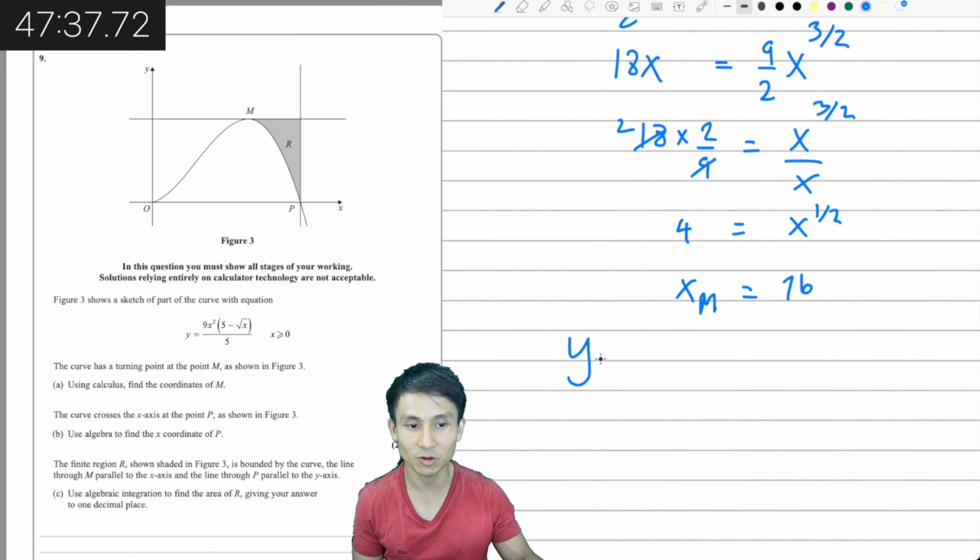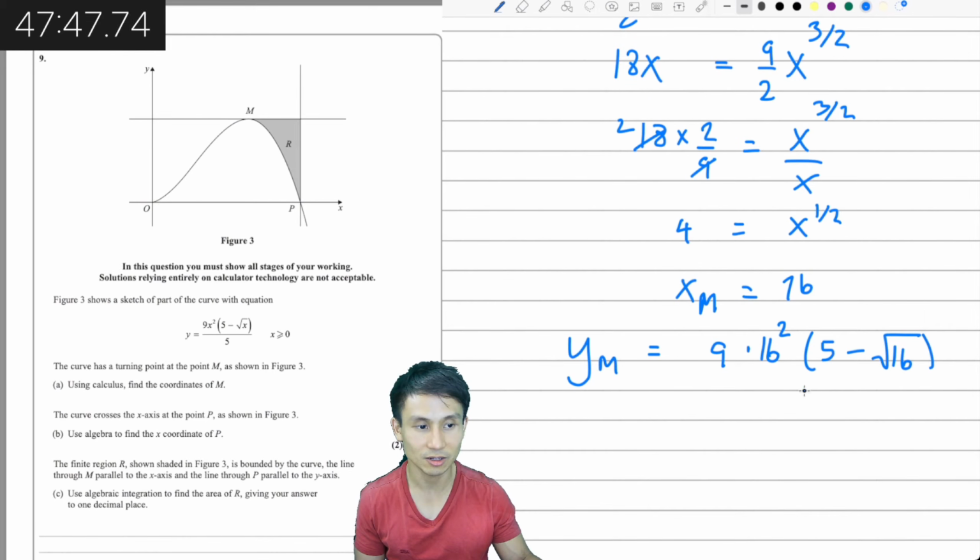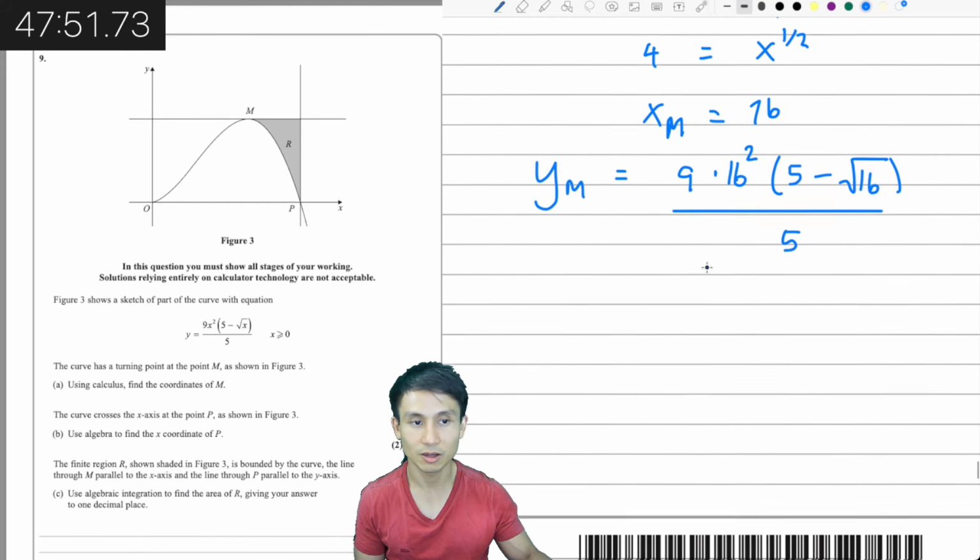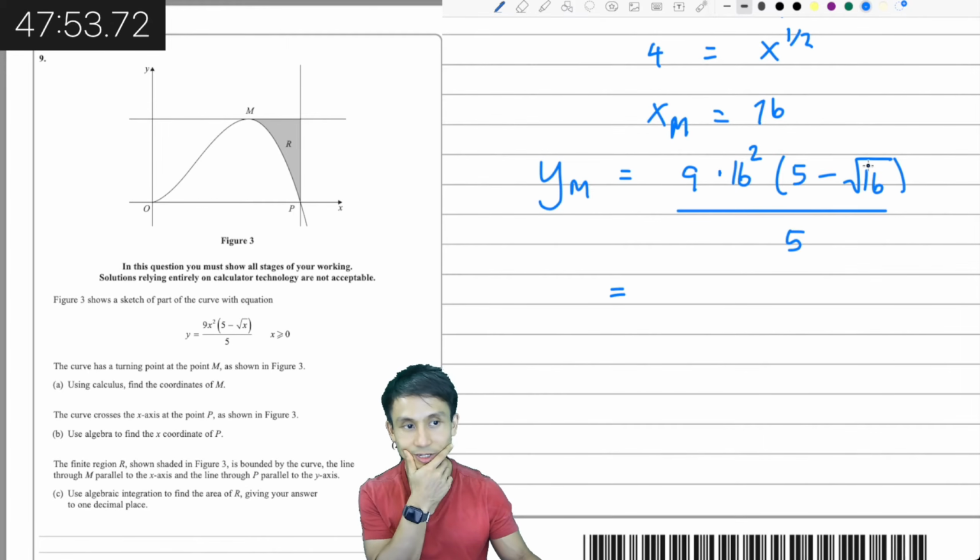So the y coordinate of M would be, just substitute back into the curve equation. So 9 times 16 squared, 5 minus root 16, divided by 5. All right, so root 16 is 4, so 5 minus 4 is 1. That's it.